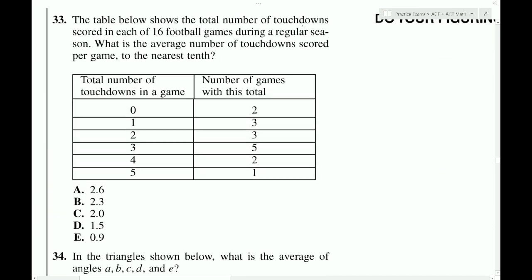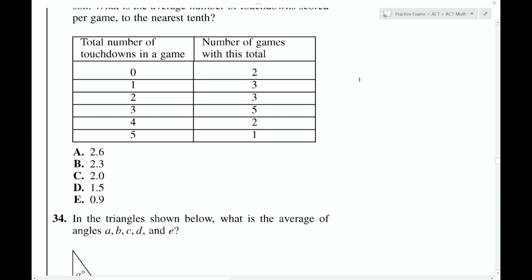Table below shows the total number of touchdowns scored in each of 16 football games during regular season. What is the average number of touchdowns scored per game? Okay, so you want the average number of TDs per game. So you need the total number of touchdowns and the total number of games. This is a frequency table, so it's telling you how many touchdowns in a game and how many games had that total.